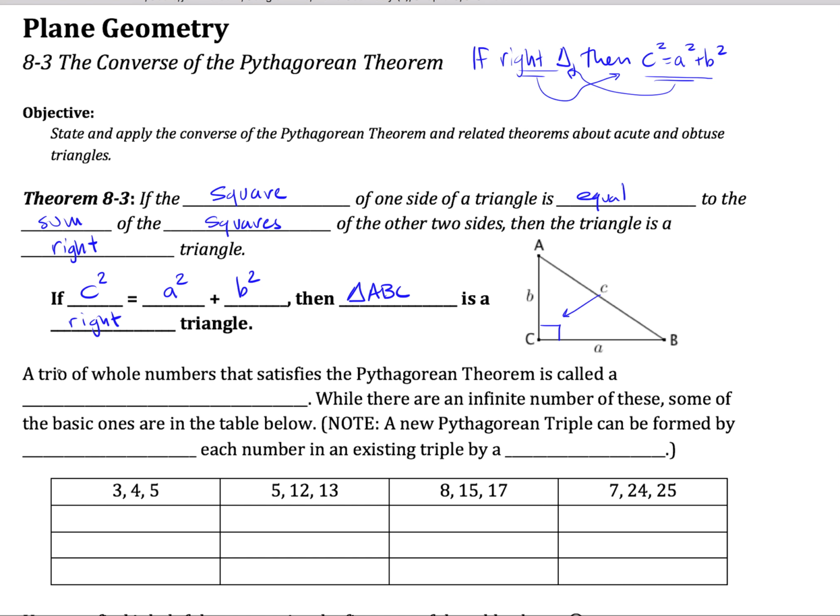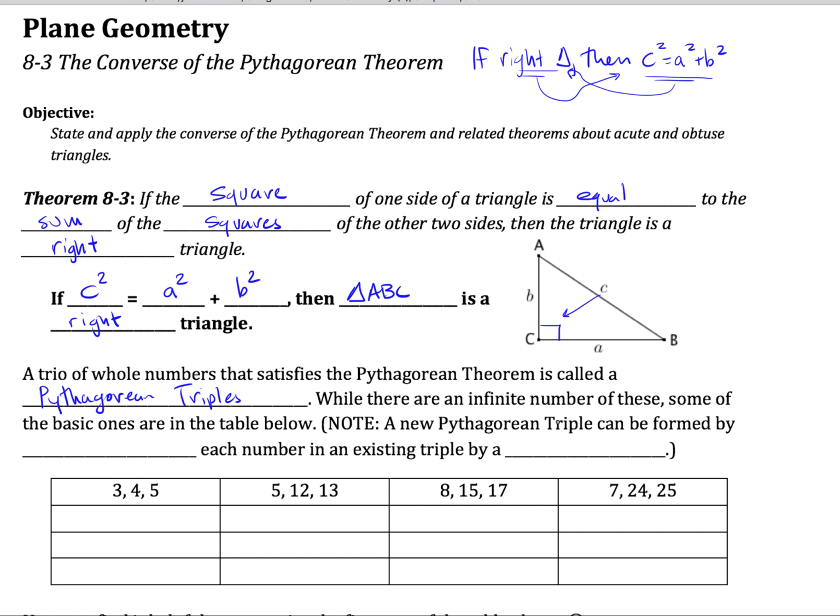Now there's a little concept here that you might want to be aware of. It's this idea of Pythagorean triples. A Pythagorean triple is when a trio of whole numbers works in the Pythagorean theorem. So we call those Pythagorean triples. It's a trio of whole numbers that will satisfy a squared plus b squared equaling c squared.